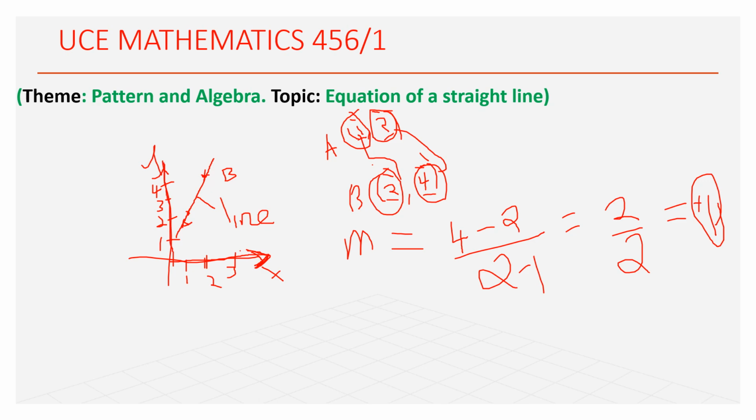No matter whether it starts from the origin or from any other point, the line can start from there, from the origin, from 3, anywhere, as long as it increases on either side.